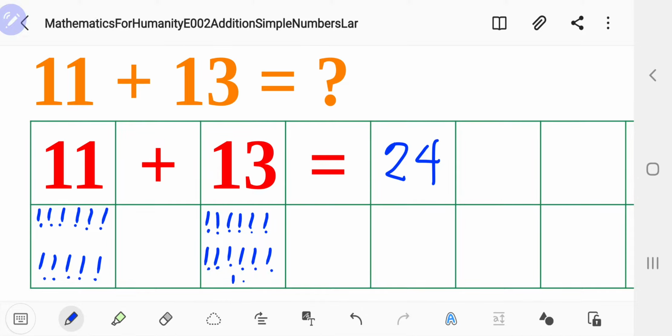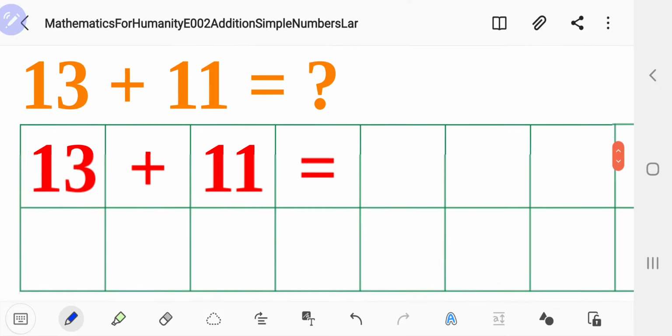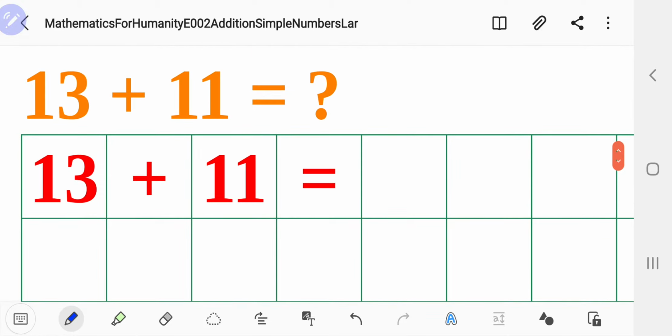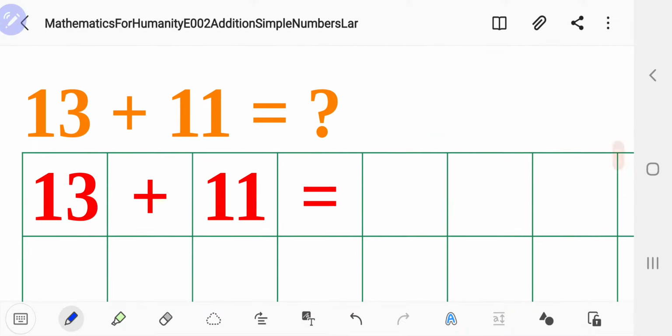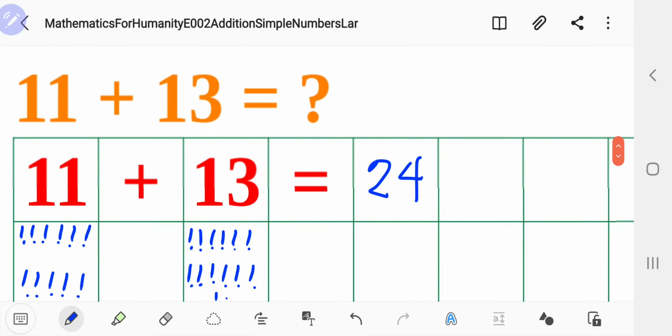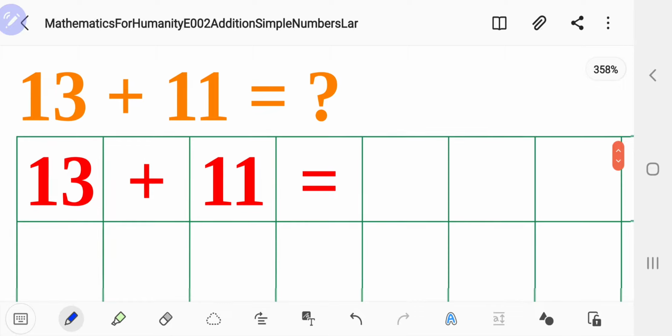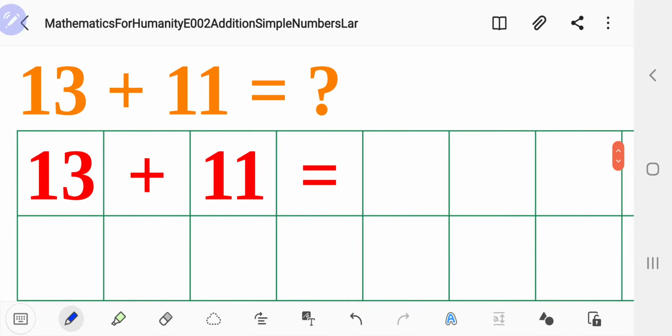Now let's go to the next one here. Oh, we're adding the same numbers, but in reverse order. The first one we had 11 plus 13, and the next one we have 13 plus 11. So again, we do the same thing.